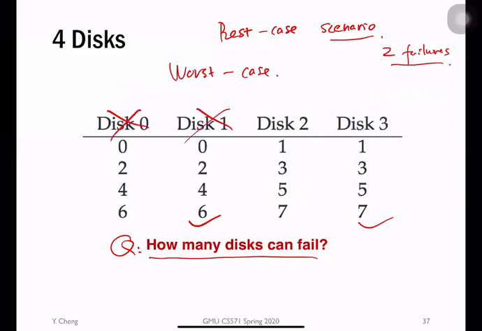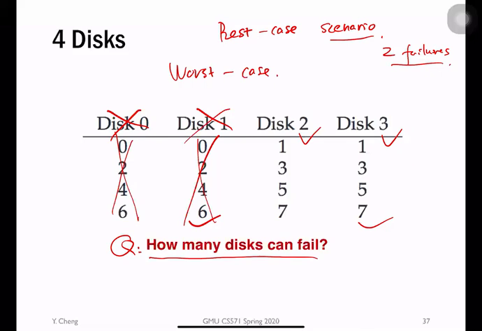That means whatever data is stored within disk 0 and disk 1, the first two disks, is all lost. It's all gone. So basically half of the data is gone: data blocks 0, 2, 4, 6 are totally lost. Even though we have the second half of the data safely stored at disk 2 and disk 3, basically you lose half of the data, which is undesirable. So the worst case is we don't want this kind of situation to happen.